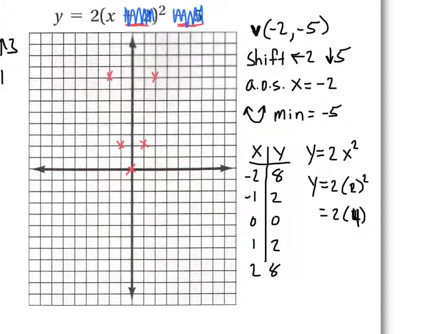So each one of those points now needs to be shifted left 2, down 5. And from that, you can draw your parabola. Questions?